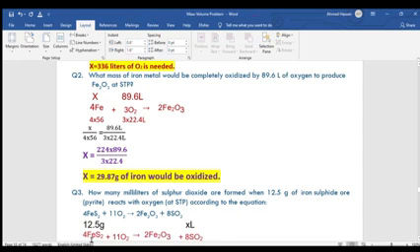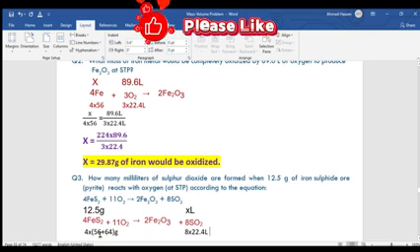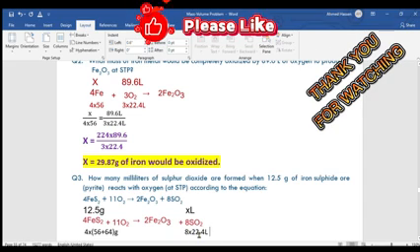Here, 4 times the total mass of iron and sulfur summation, and here 8 times molar volume. You see, the mass of iron is 56, sulfur 32 times 2 is 64, and the summation of these values is multiplied by 4, and this one is 8 times molar volume.